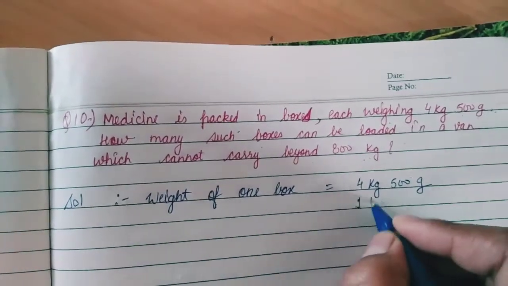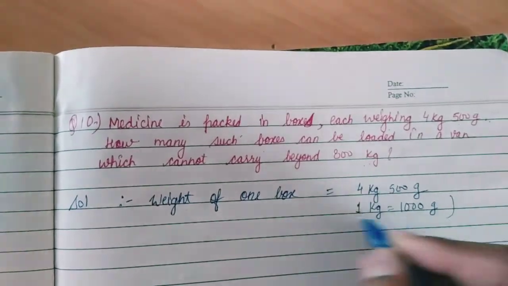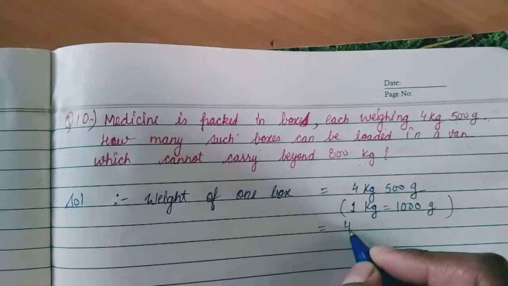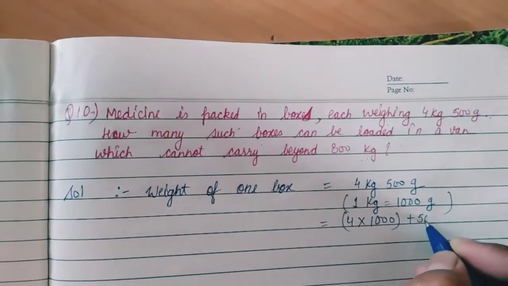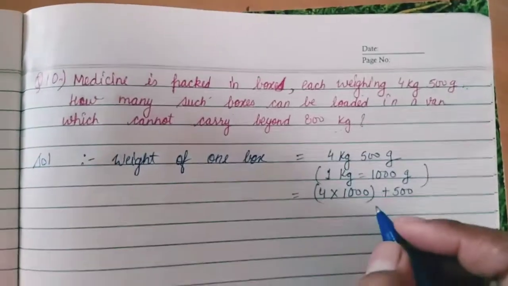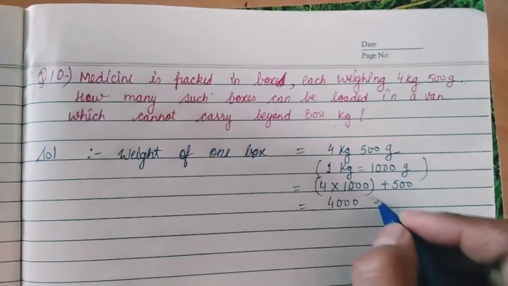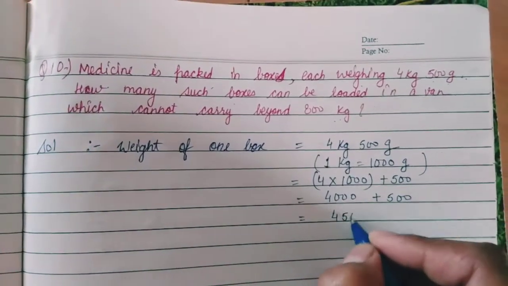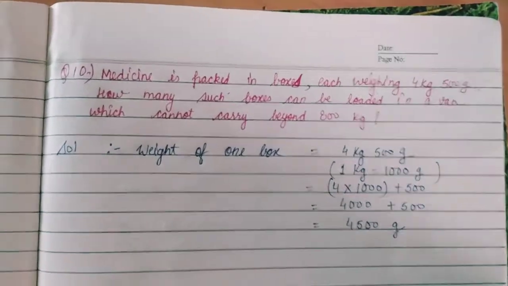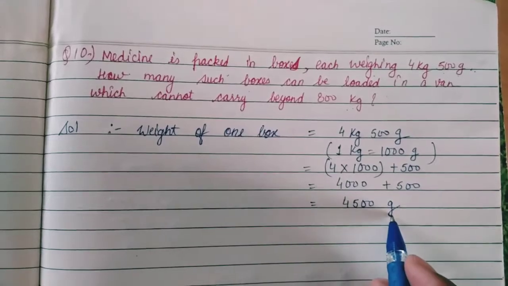We know 1 kilogram contains 1000 gram. So we will multiply 4 by 1000 and add 500 to its answer. Now we get 4000 plus 500, and finally we get 4500 gram. So the weight of one box in gram is 4500.